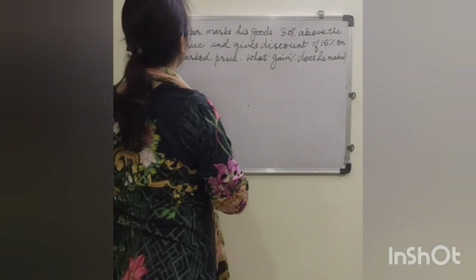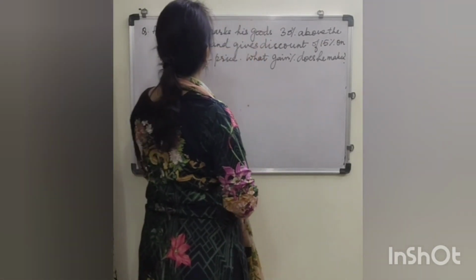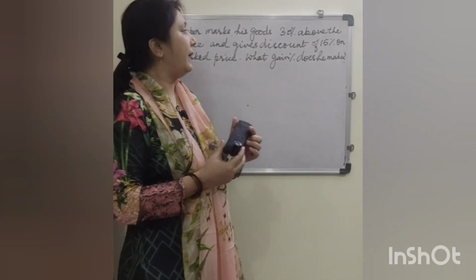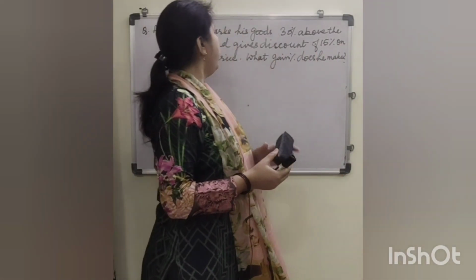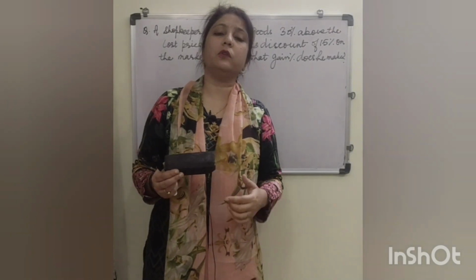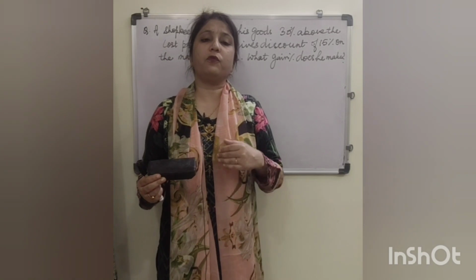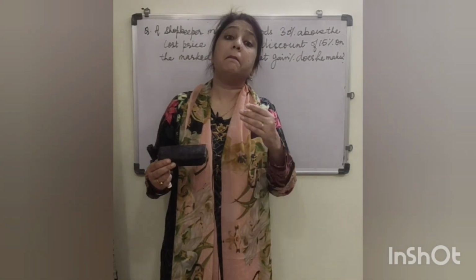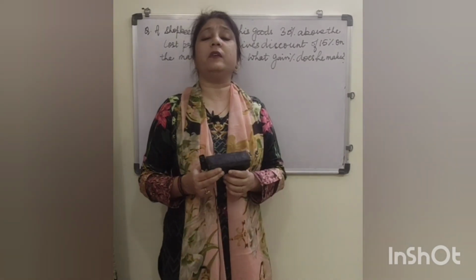Now children, another question. A shopkeeper marks his goods 30% above the cost price and he gives discount of 15% on the marked price. First of all, he marked his goods 30% above the cost price and then he gives 15% discount on marked price. What gain percent does he make?